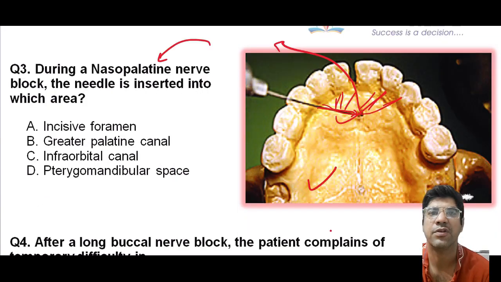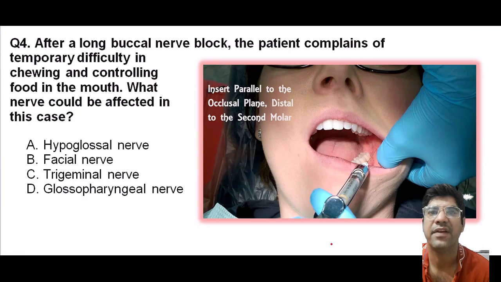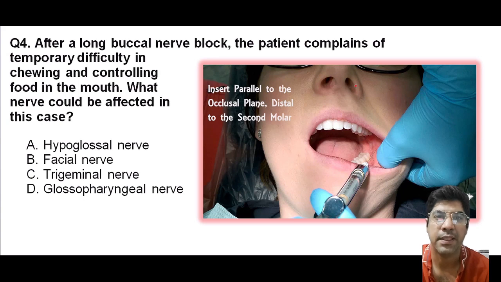Moving to the next question. After a nerve block, the patient complains of temporary difficulty in chewing and controlling food in the mouth. What could be the nerve that could be affected? Well, the answer here is the trigeminal nerve.